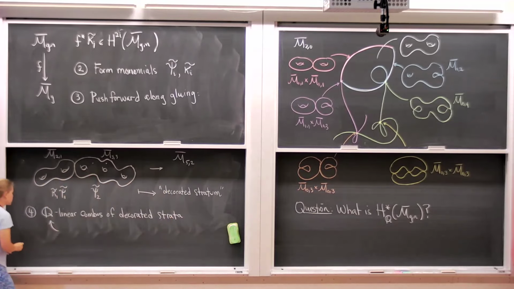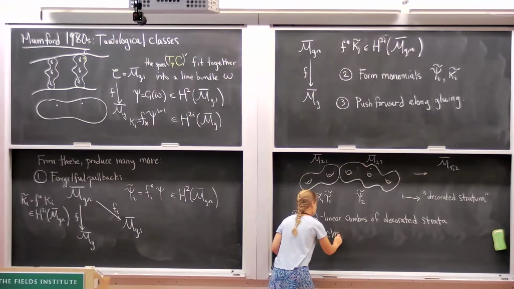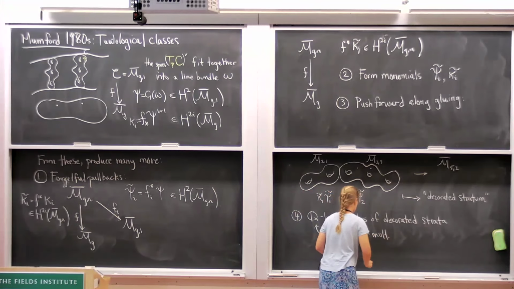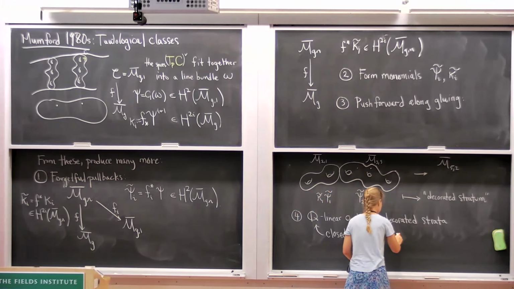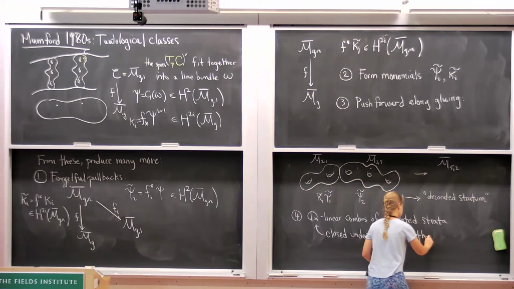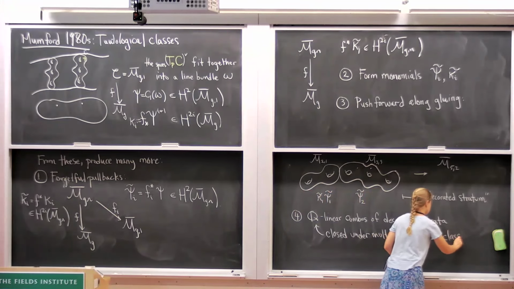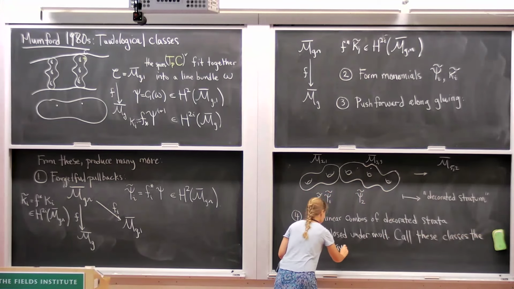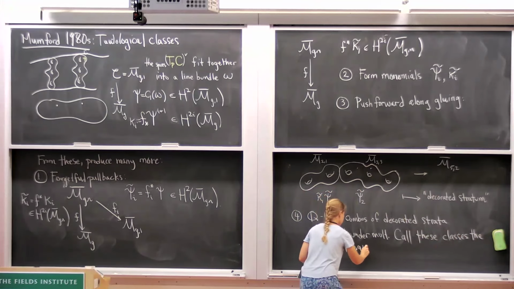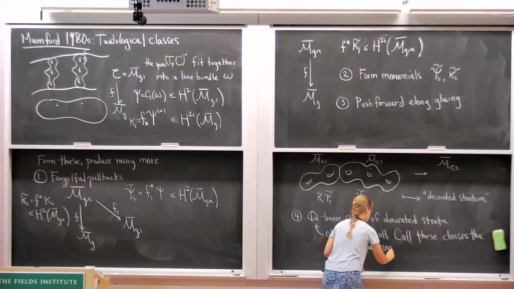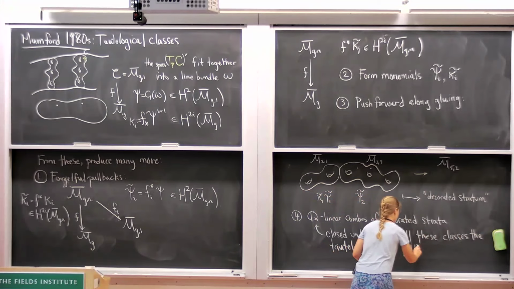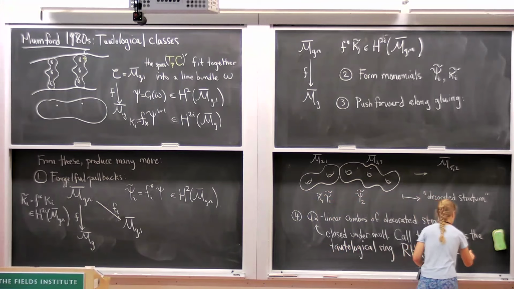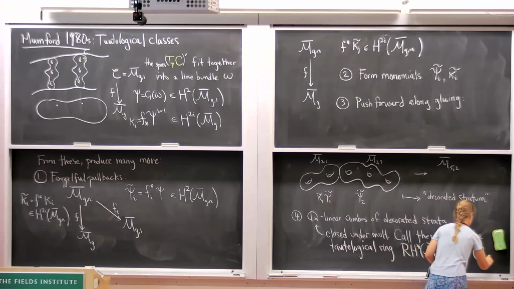And this collection of classes is called the tautological ring. And that's denoted R star of Mgn bar inside of H star of Mgn bar.